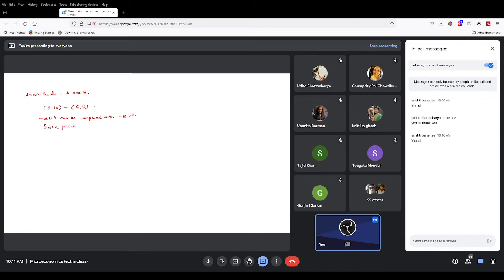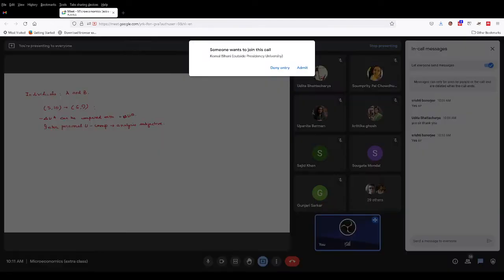The problem is that if we introduce such comparisons, then the analysis is going to be subjective. In the previous class, you had seen that we could arrive at different conclusions depending on a position.